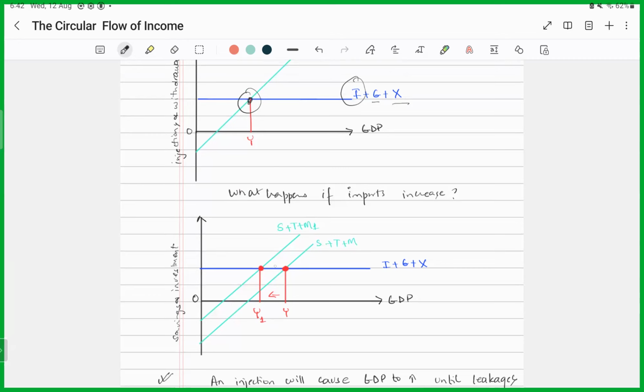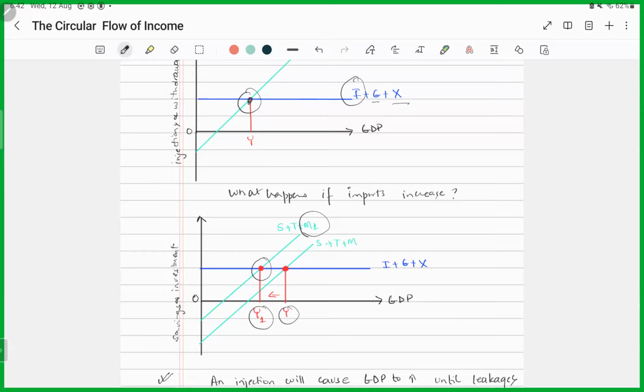So now this would be the equilibrium situation. Initially, Y was the equilibrium point. Now, since there is a rise in the level of imports from M to M1, the equilibrium point is going to be shifting from Y to Y1.